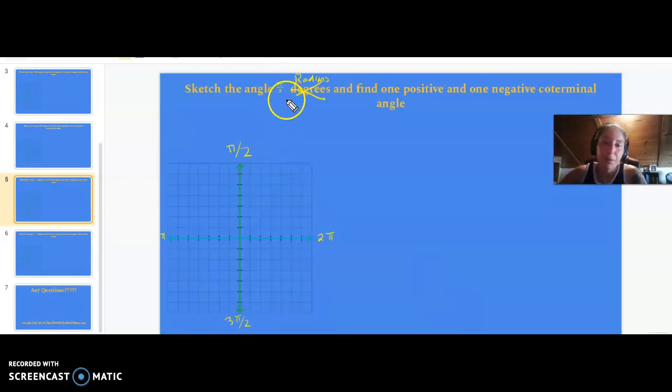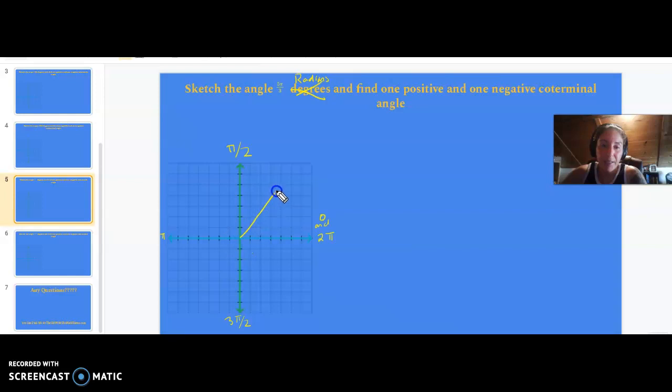But we need to find where 5/3 would sit on this whole thing. So this is 0 and 2 pi. These are coterminal, 0 and 2 pi. Let's see.